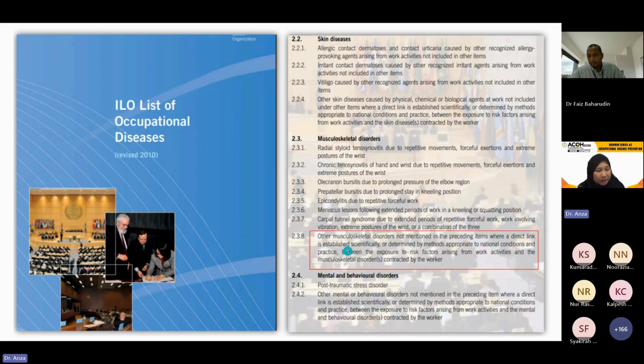So the key word here is established scientifically. I'm sure most of you remember the Bradford Hill criteria of causation. So that's why it is important for us to understand the reason, and also how the team comes up with a list of occupational diseases.